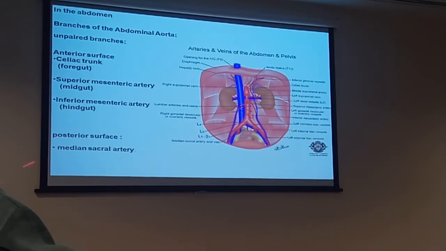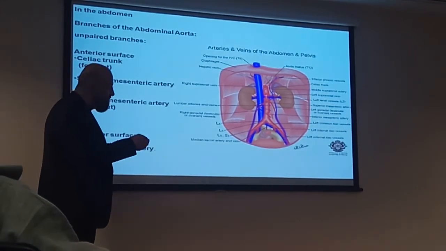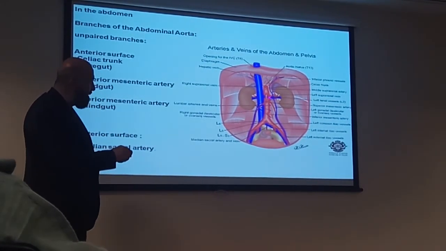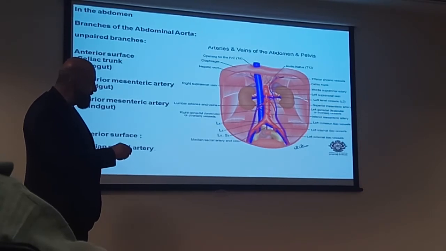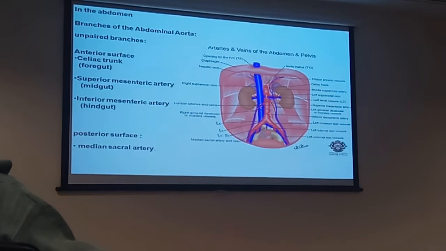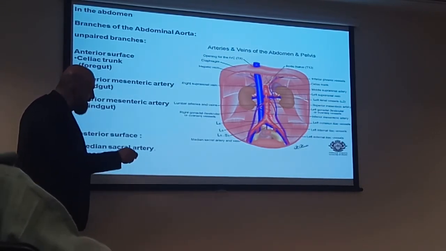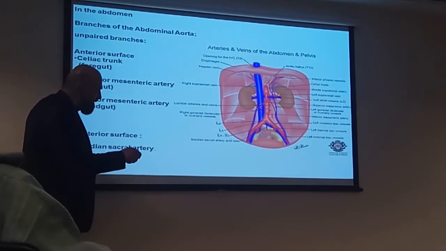And we said we have 3 unpaired arteries coming from the abdominal aorta: one underneath the diaphragm, that is the celiac trunk for foregut; one above the origin of the renal artery, that's the superior mesenteric, it is for the midgut; and one just 2 inches or 4 to 5 centimeters above the bifurcation of the aorta, you see this in the lab, that is the inferior mesenteric.